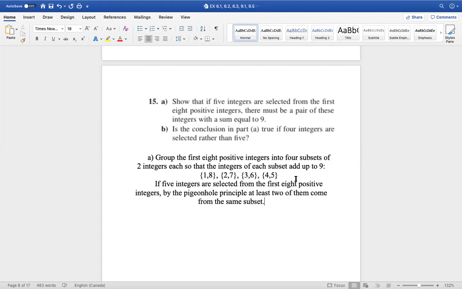Because there are 5 integers selected from the first 8, and we already know all the subsets add up to 9. So if we have to pick 5 from the 4 subsets, we know that at least 2 come from the same subset. Therefore, there is a pair summing up to 9.